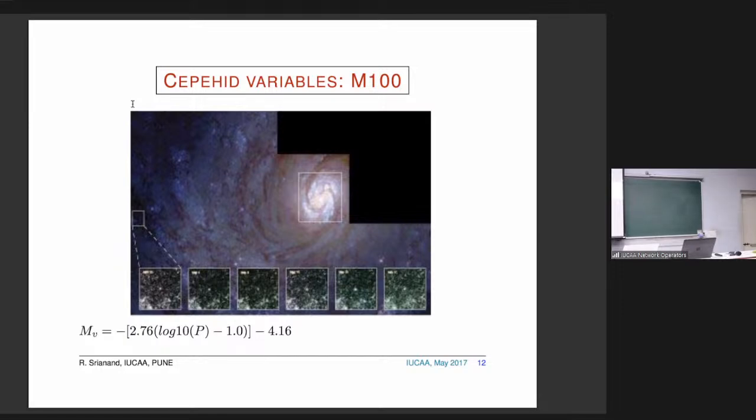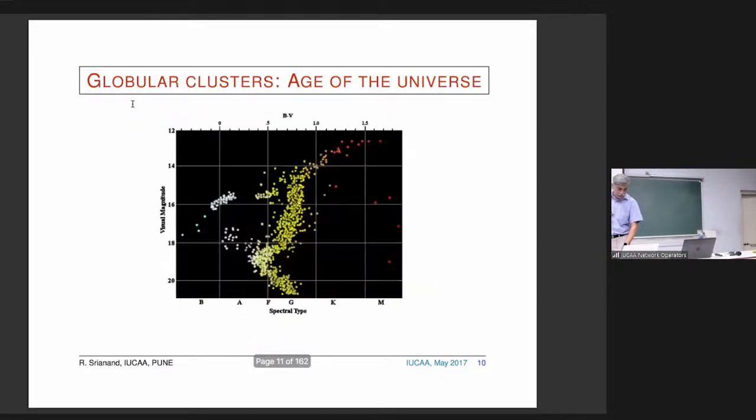So this is where we were, and then I introduced two other things. One is the main sequence turnaround, where the stars turn around when hydrogen burning finishes and helium burning happens.